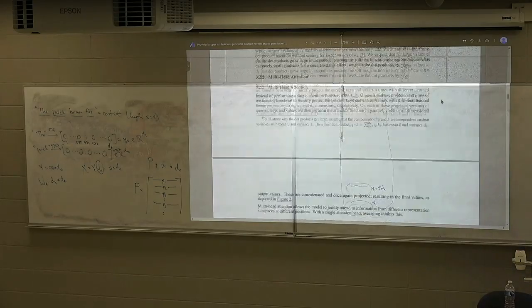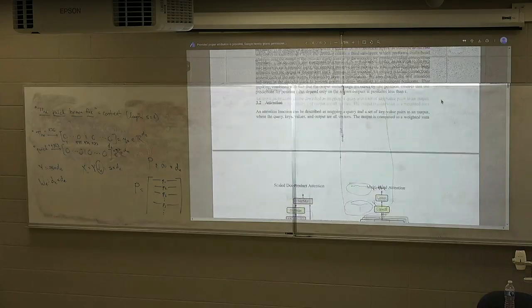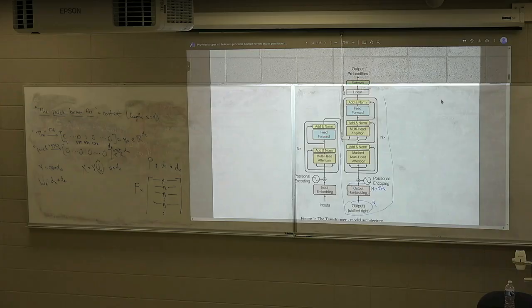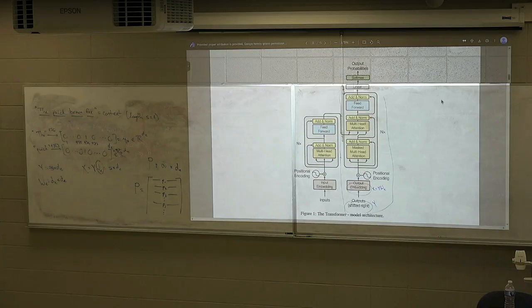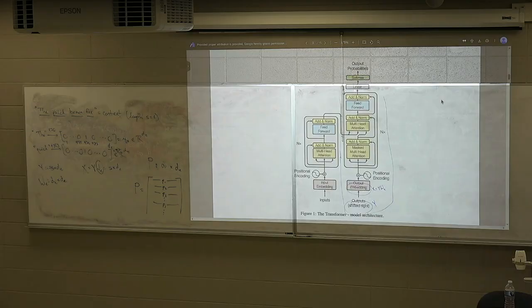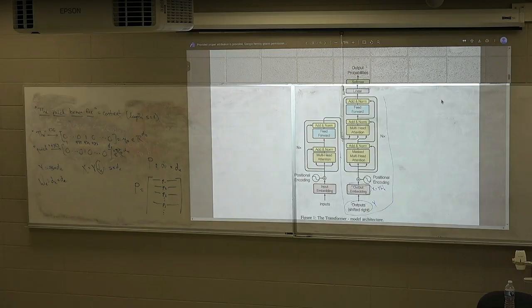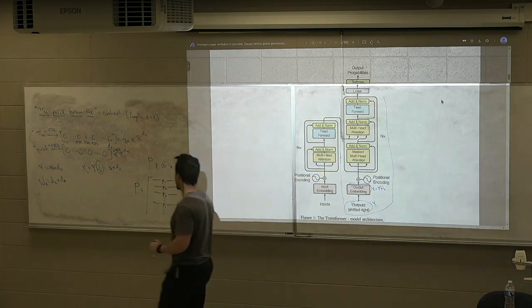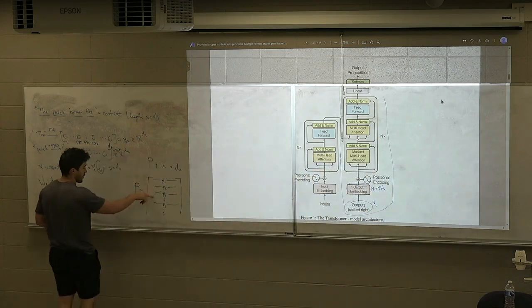But it really does not matter what you put. There are some choices of functions that will work better than others, but that is for the mathematicians to figure out. And in principle, it doesn't matter what they are. It's just that they all need to be different. You can't have the same one twice.